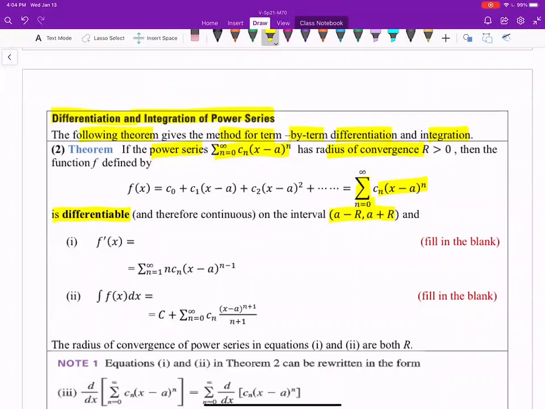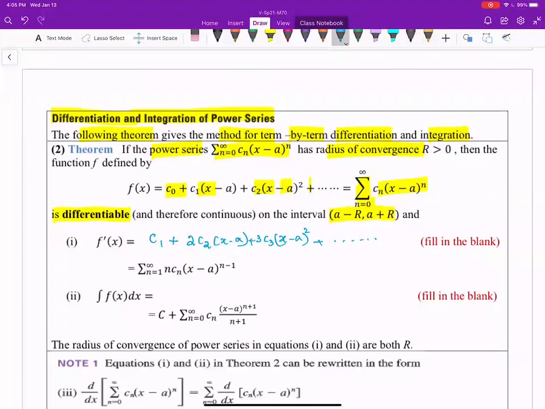First, the derivative f prime of x is found by differentiating each one of these terms, term-wise differentiation. If I differentiate each one of those terms, I will get c1 plus 2c2 times x minus a plus 3c3 times x minus a the whole squared, etcetera.